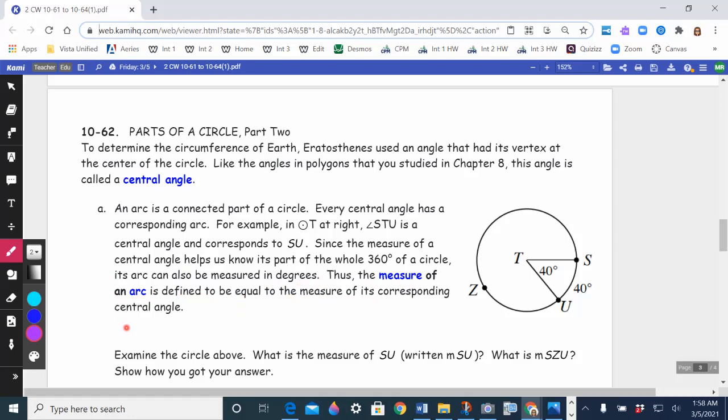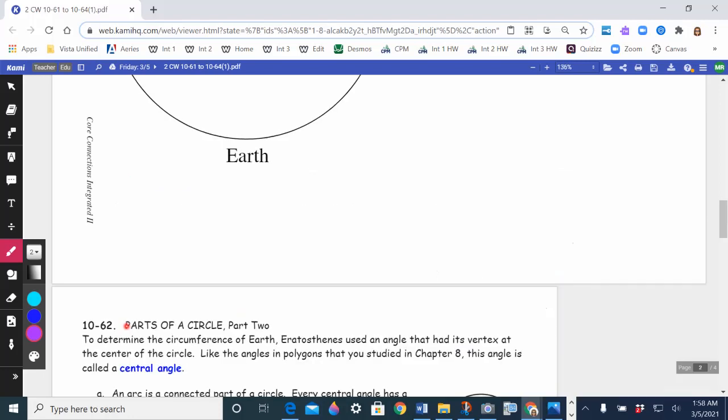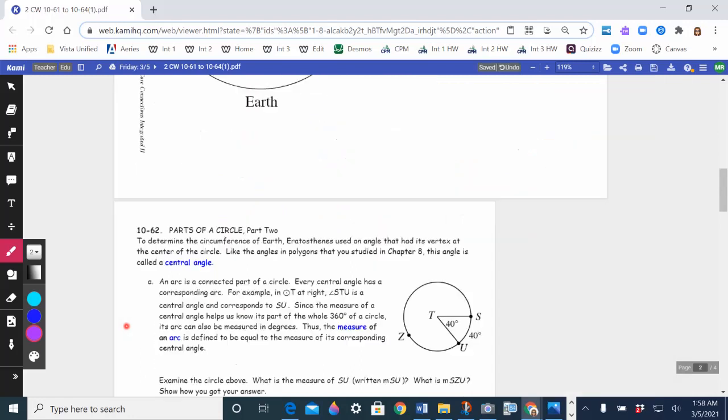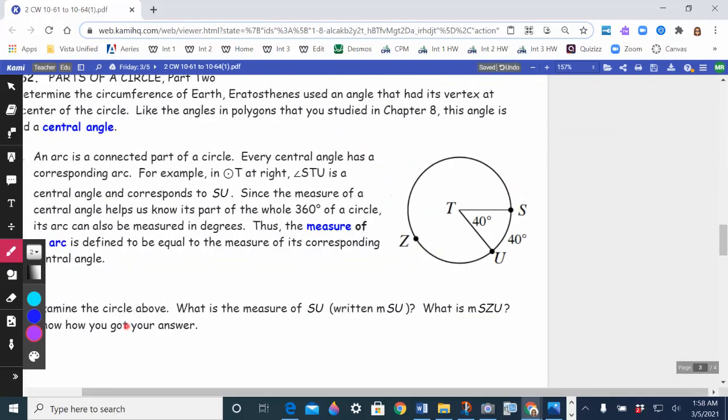So you have to be careful with what we were calling an arc length. An arc length would be like this 500 that was here. That's part of our circumference. That's an arc length. That is not an angle measure. This right now, this 40 degrees right here, that's the angle of this. That's called an arc measure.